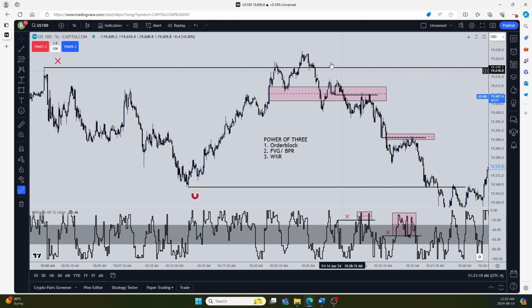So in the contraction phase, in the accumulation manipulation or accumulation retracement, you typically don't want to see too many fair value gaps form. You want to see price being slow, lethargic up into that area where we want to be selling. And that gives us confirmation that price is contracting before the expansion, right?